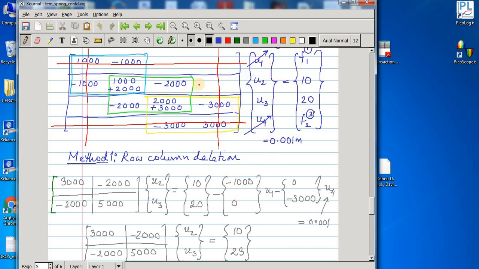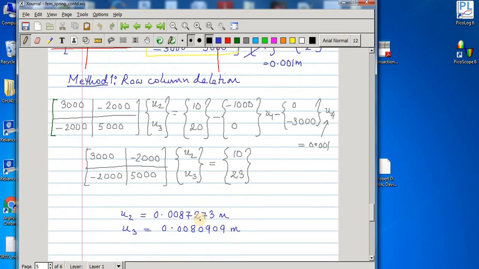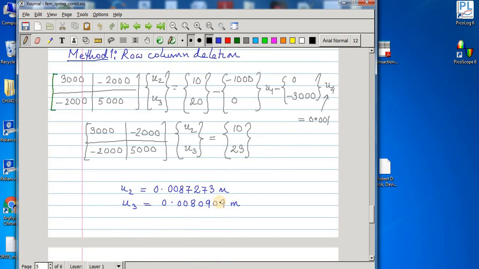But u1 is 0, so this minus 1000 into u1 term will also be there, but this term has no meaning since u1 is 0, and the second term is coming for minus 3000 into u4. So we take it in the right hand side and you modify the right hand side. So the right hand side is 1023. Now you solve and get this result using some MATLAB or Octave or whatever.